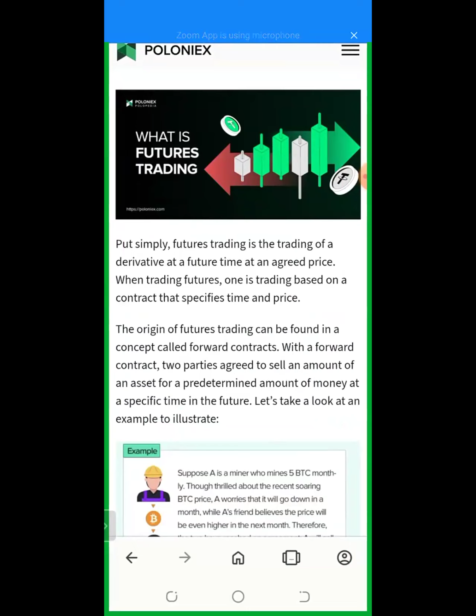When trading futures, one is trading based on a contract that specifies time and price. The origin of futures trading can be found in a concept called forward contracts. With a forward contract, two parties agree to sell an amount of an asset for a predetermined amount of money at a specific time in the future.